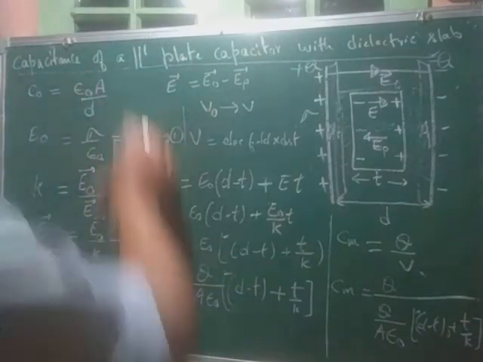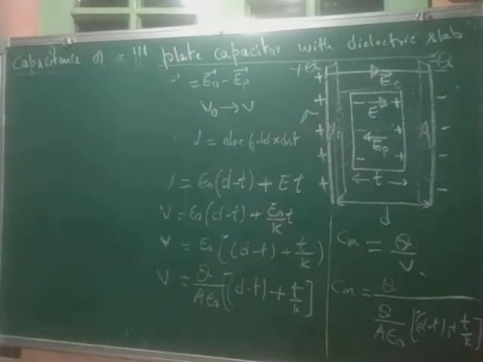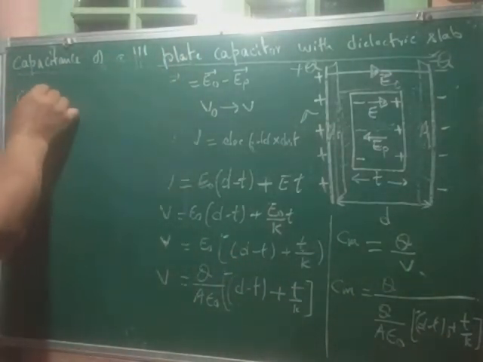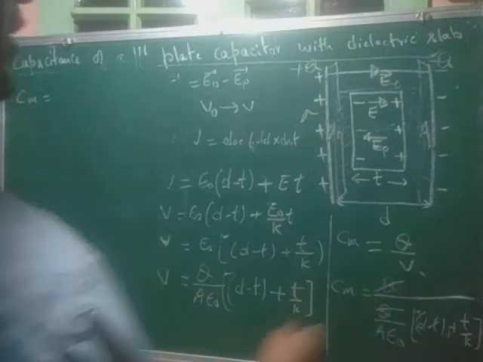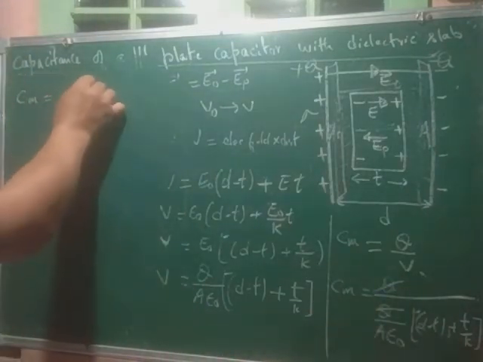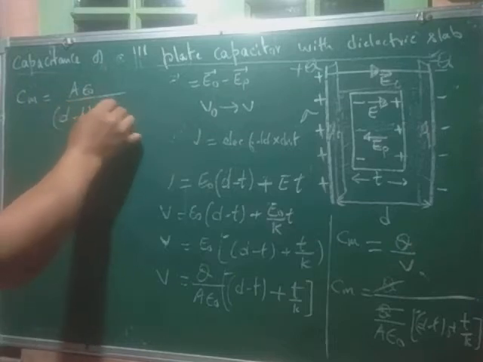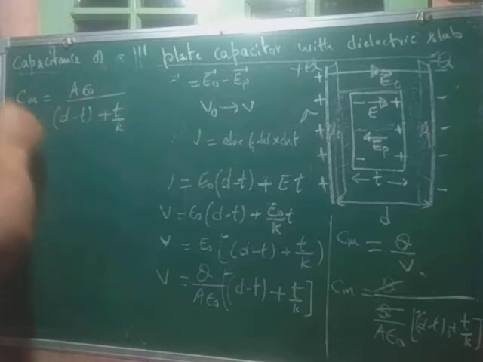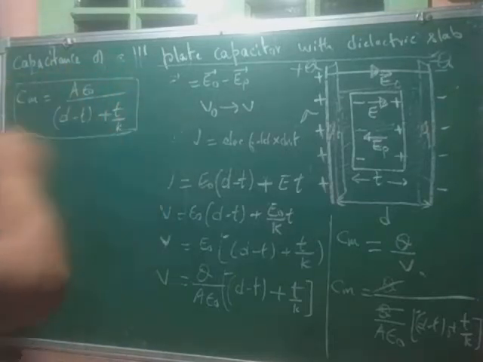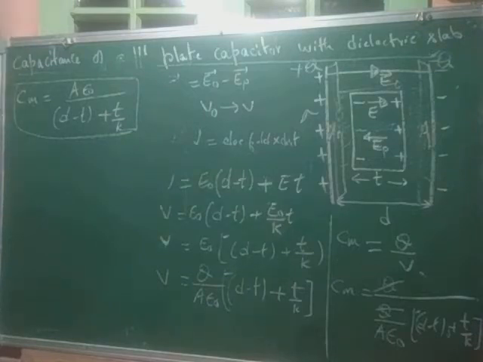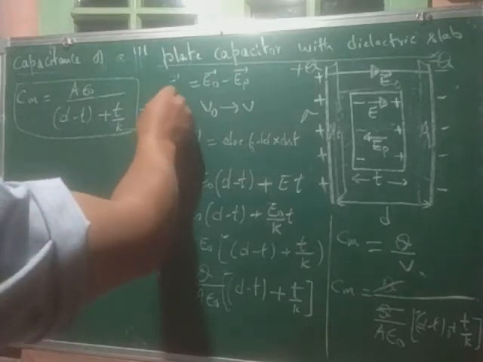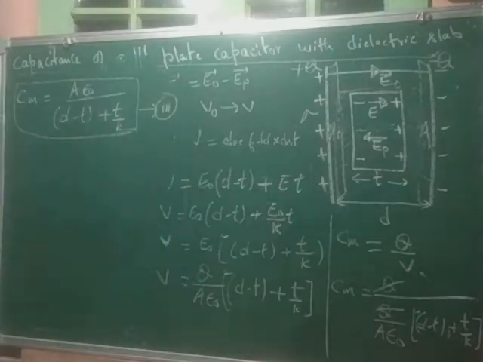Cancelling Q, you get A epsilon naught upon d minus t plus t upon K. So this is the required expression for the capacitance of a parallel plate capacitor when a dielectric slab is introduced between the plates. Suppose this is my equation 3.